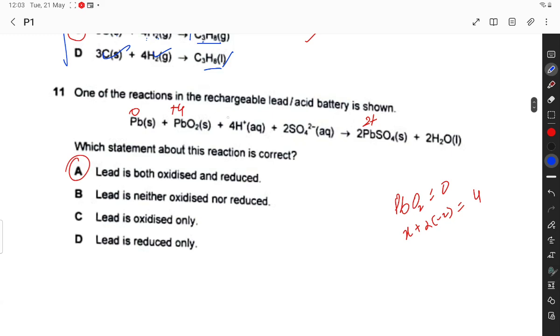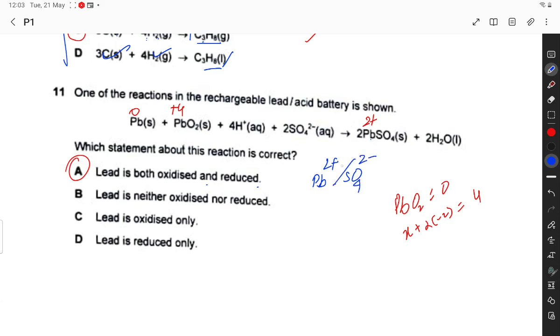One of the reactions in the rechargeable lead acid battery is shown. Which statement about this reaction is correct? Lead is both oxidized and reduced. So over here in PbO2, the oxidation state is 4, and in this case lead carrying 2 positive, sulfate carrying 2 negative.